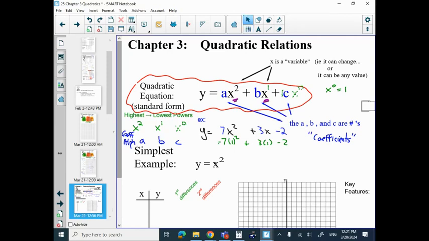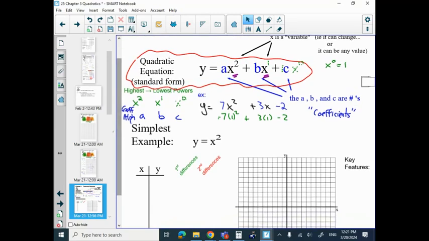You have no choice about the 7, 3, and the negative 2. They're just there, whatever values you were given. The x, though, you choose and you put a bunch of numbers in to get a bunch of corresponding y values.